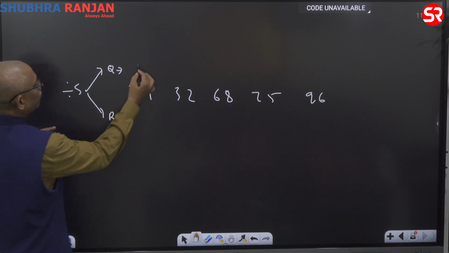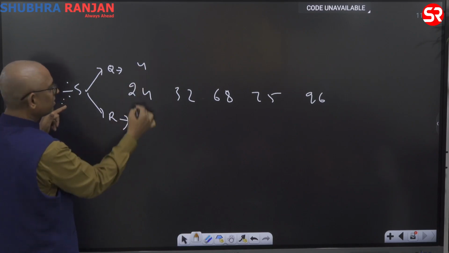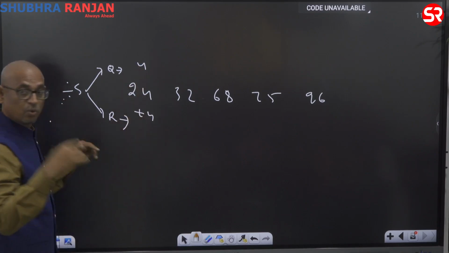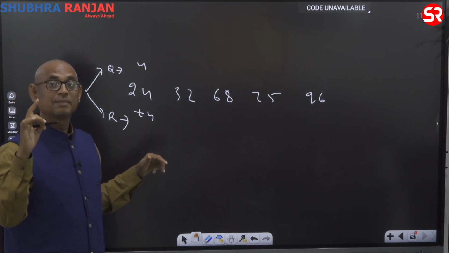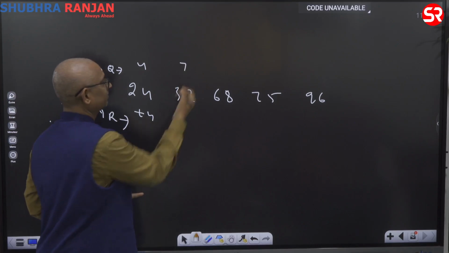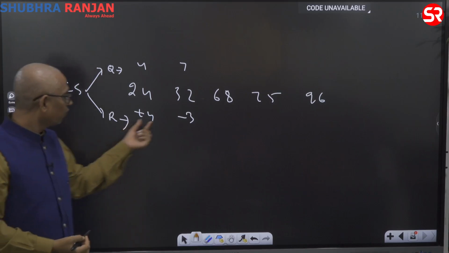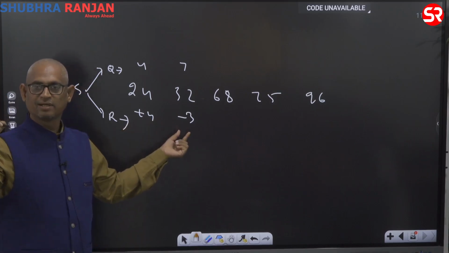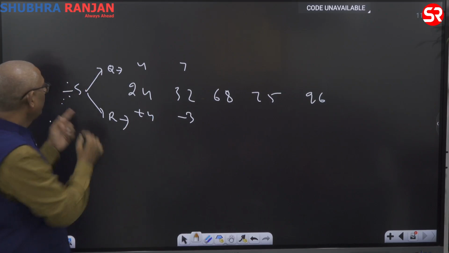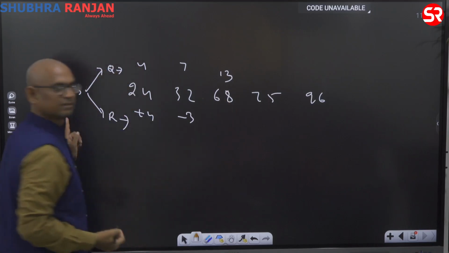5 fours how much? What is the remainder? Now I am considering the number that is greater than 32. 5 sevens how much? 35. Remainder: 4 minus 3, so the sum of remainders becomes 1 only, na? You are getting the point. Now 5 13s, 65.